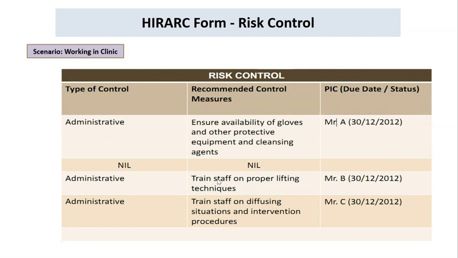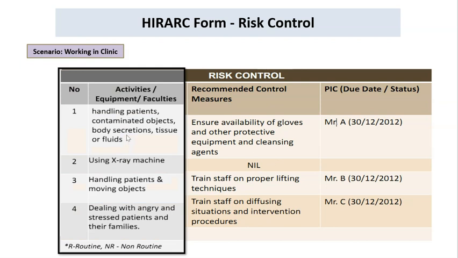So recommended control for the related activity that we already listed. Number 1, for the handling contaminated object, ensure availability of glove. Okay, so the glove is there for them to use, and cleansing agent, and also other protective equipment.